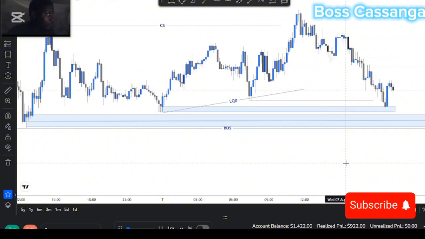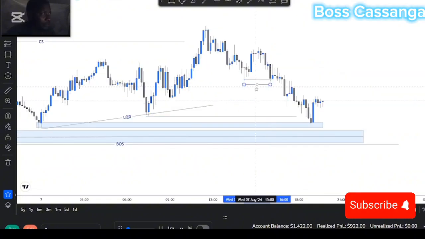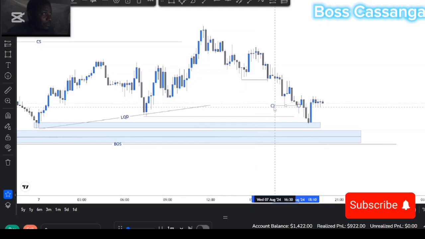Okay, market is moving, so now we're just going to concentrate on here. On the lower time frame, we have a trend line, a downtrend line, a downtrend and a downtrend. We are in a downtrend on the small time frame. Okay, now this is our last higher low swing.